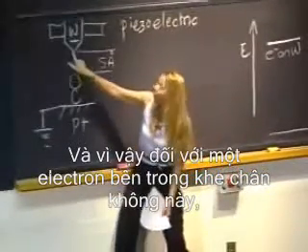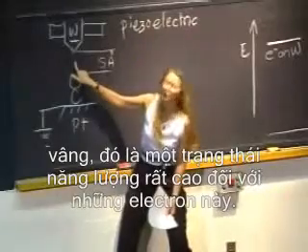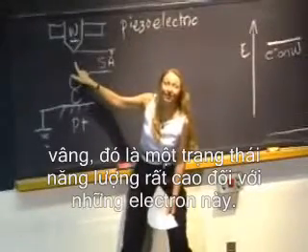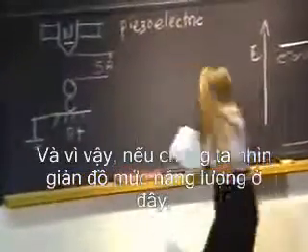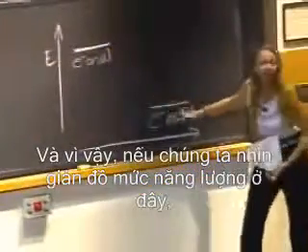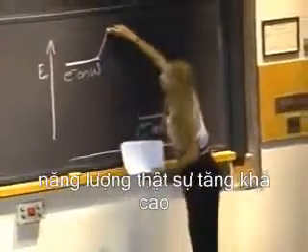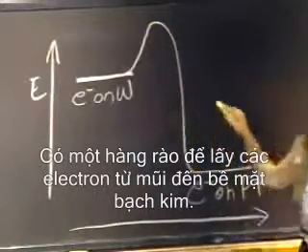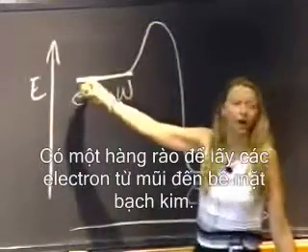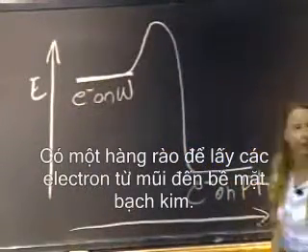And so for an electron to be inside of this vacuum gap, well, that's a very high energy state for those electrons. And so if we were to look at an energy level diagram here, that energy actually goes up pretty high before it comes back down. There's a barrier to getting the electrons from the tip to the platinum surface.